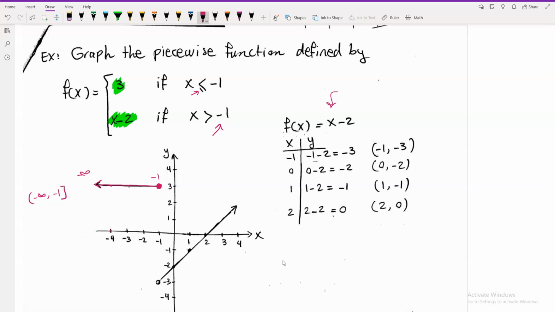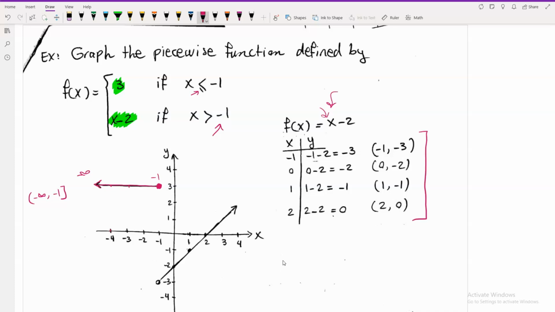We only need some points. We don't need too many because this is a straight line. We can only have 2 points, but I have 4 points here. So I use -1, 0, 1, 2. So using these numbers instead of x, and find f of x or find y. So these are ordered pairs.